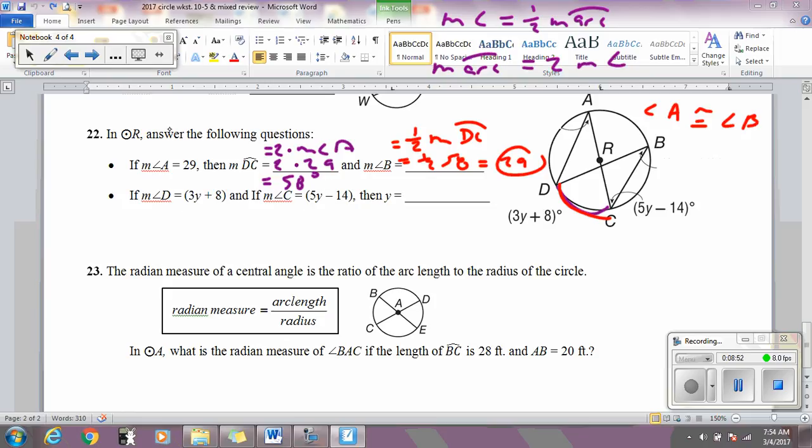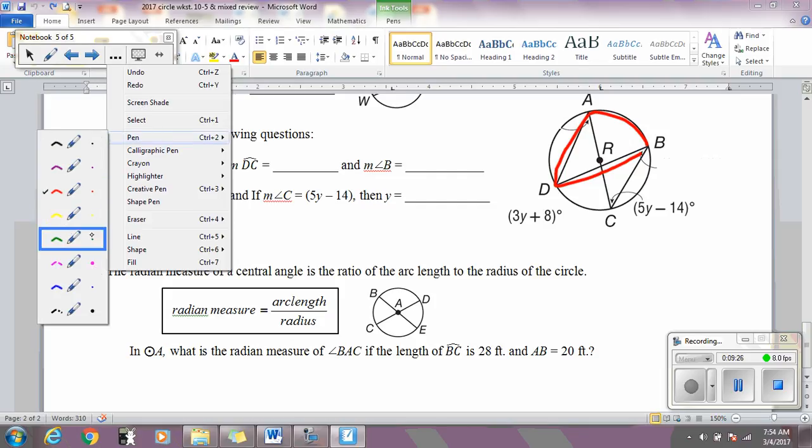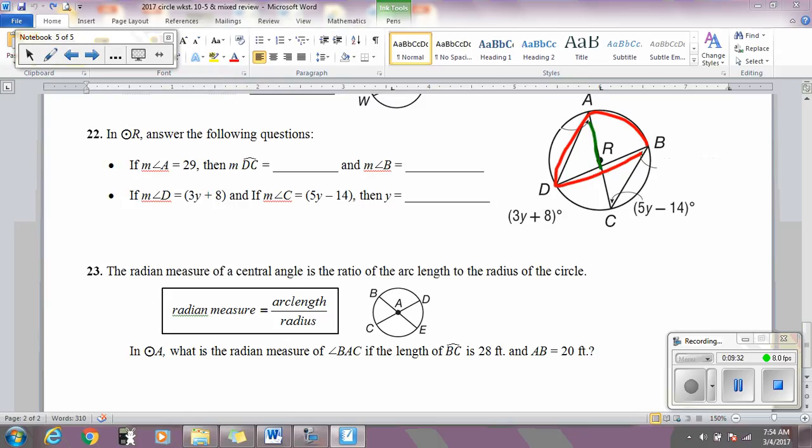So it tells me that angle D is equal to 3y plus 8, and angle C is equal to 5y minus 14. It wants us to find y. So angle D intercepts arc AB. As you can see, angle D is giving that arc a hug. That's what it means to intercept. They give each other a hug. Angle C is hugging arc AB as well.